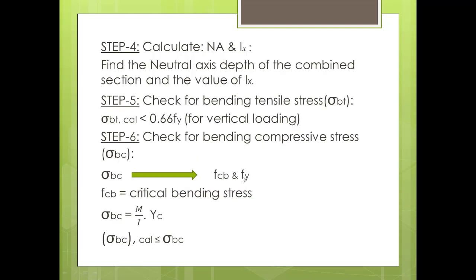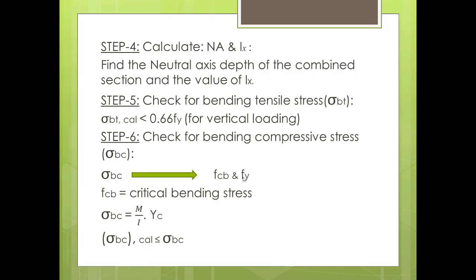Now, coming to step 4, we have to calculate the neutral axis and the value of Ix. We have to find the neutral axis depth of the combined section. Next step, we have to check for the bending tensile stress, denoted by sigma bt.